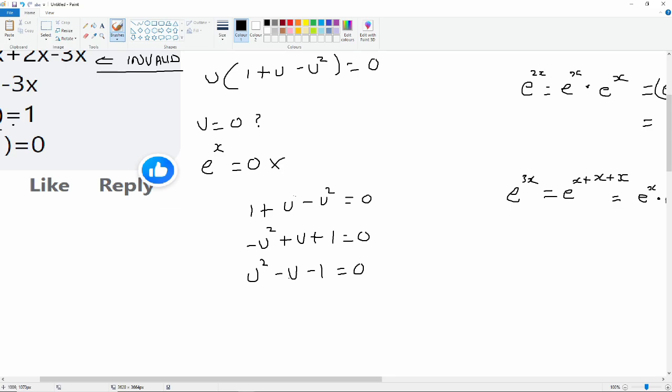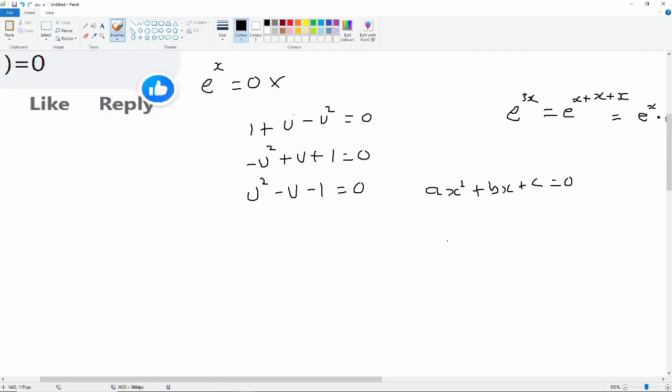Okay, so now we've got a simple quadratic equation. And if we have a quadratic equation in the form of ax squared plus bx plus c equals 0, well then x is equal to negative b plus or minus the square root of b squared minus 4ac all over 2a.